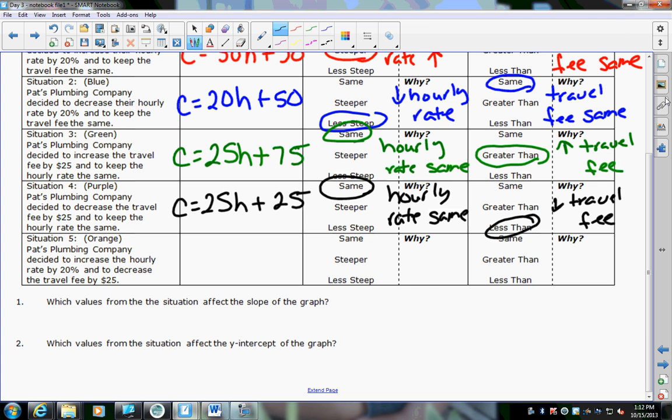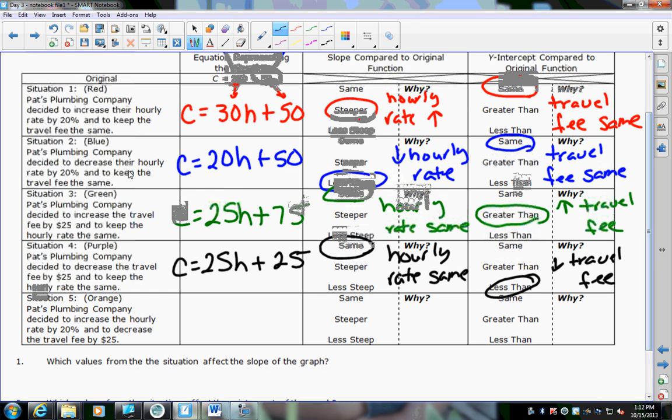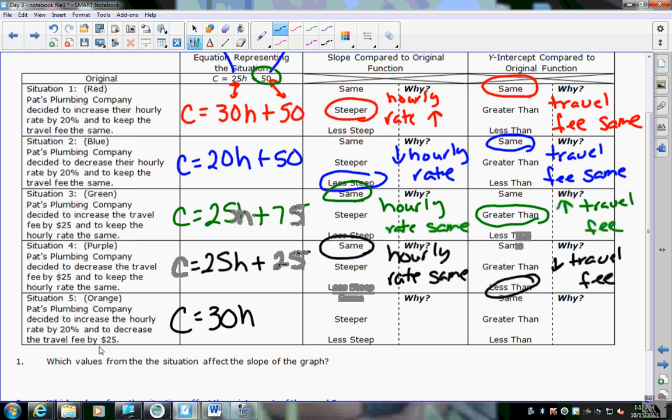So on this last one that you're supposed to have in orange, it says this time that they want to increase the hourly rate by 20%. So increase, we did that over here in the red one. So it's going to become C equals 30H, and then decrease the travel fee.